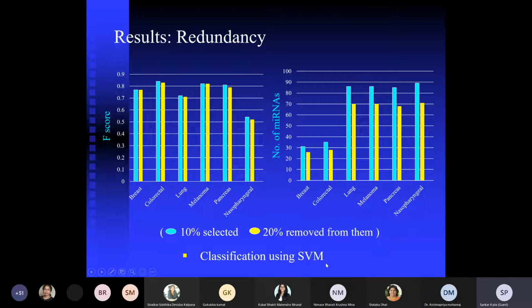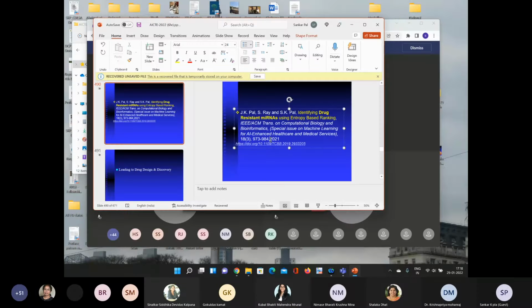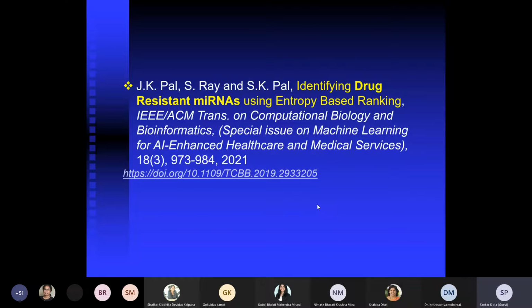And recently, in 2021, we got this paper, called Identifying Drug-Resistant MicroRNA. That means which are the microRNAs whose expression value, if it changes, then the cancer may not respond to the drugs. Understand?